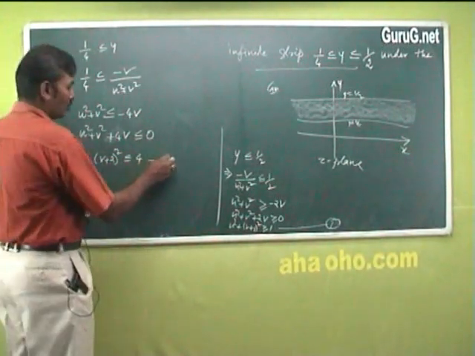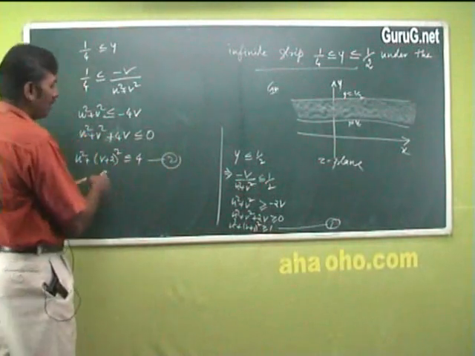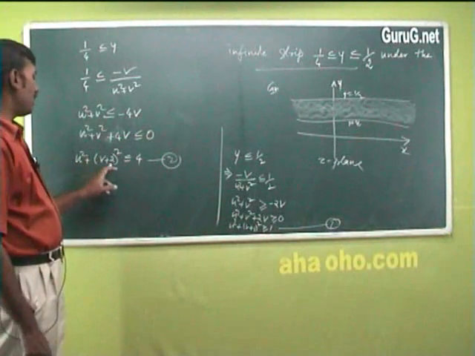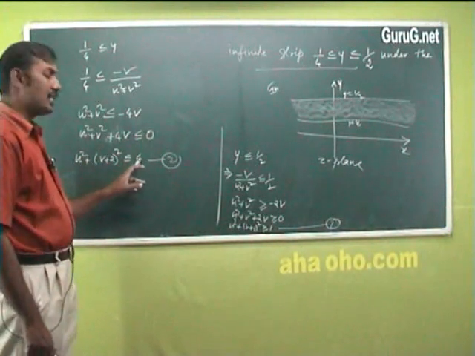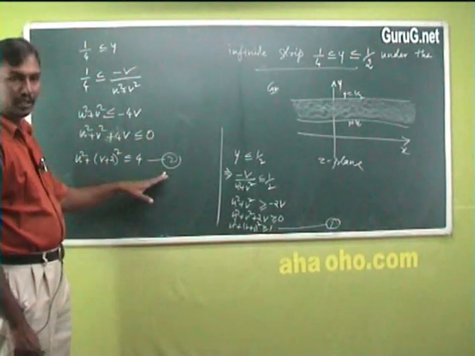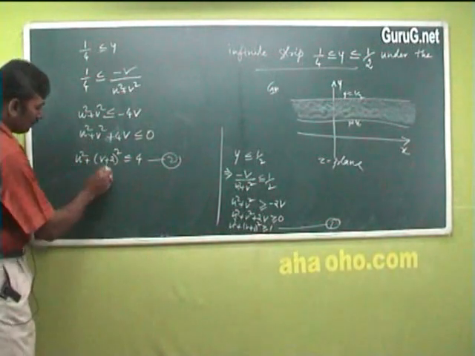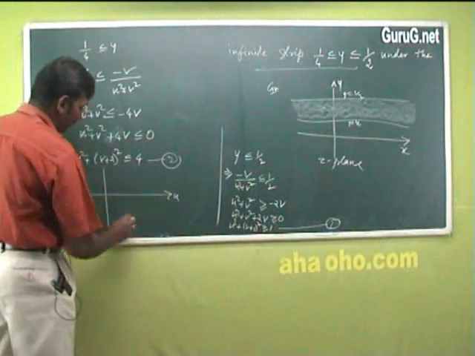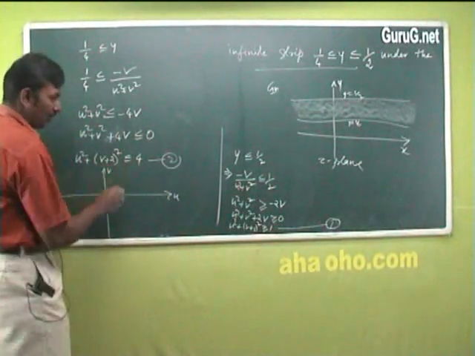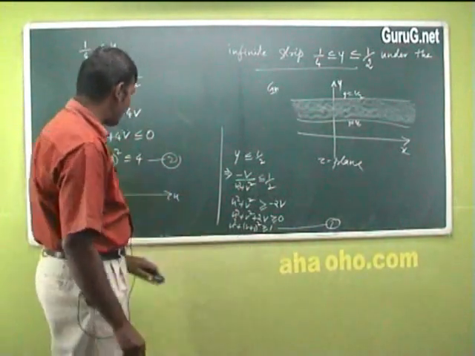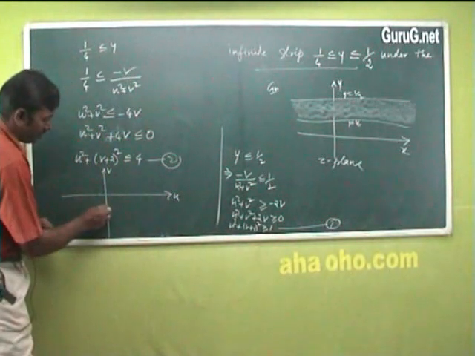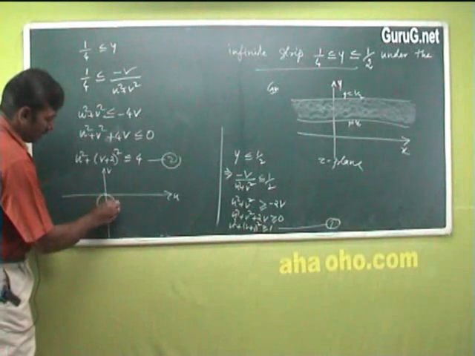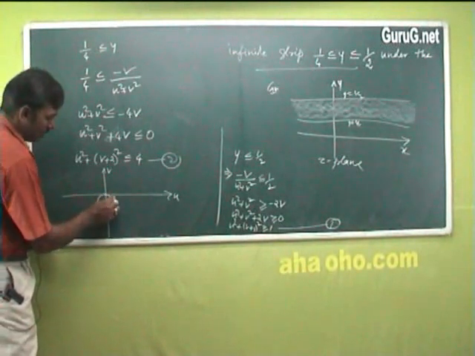So take it as this is 2. So this is nothing but what? An interior circle with center 0, minus 2 and radius 2. Right? W plane. This is u axis and this is v axis. The first equation has center 0, minus 1, which is an exterior circle, that is an outer portion.